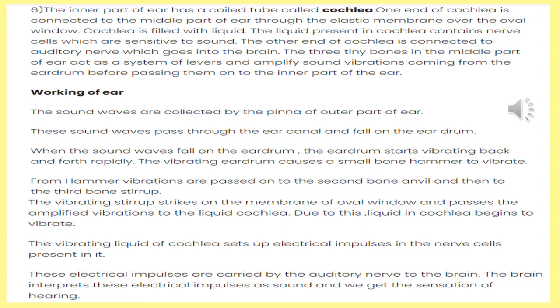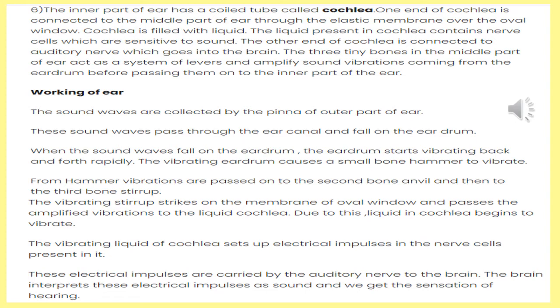The other end of the cochlea is connected to the auditory nerve which goes into the brain. The three tiny bones in the middle part of the ear act as a system of levers and amplify sound vibrations coming from the eardrum before passing them to the inner part of the ear.